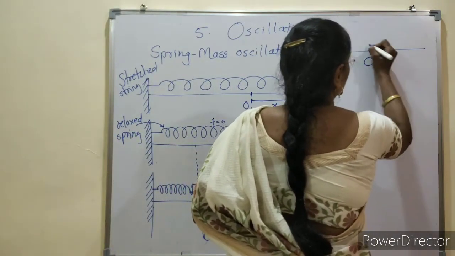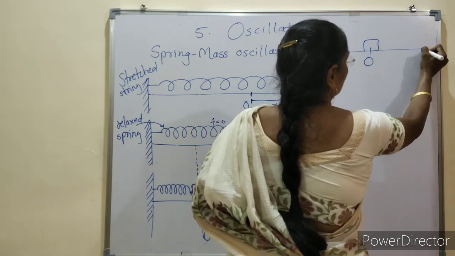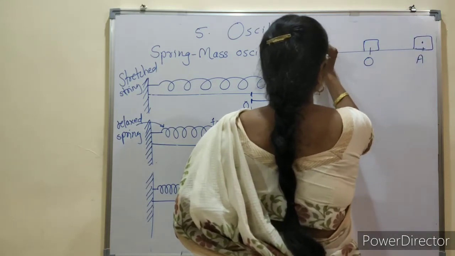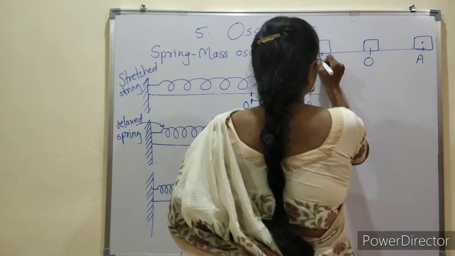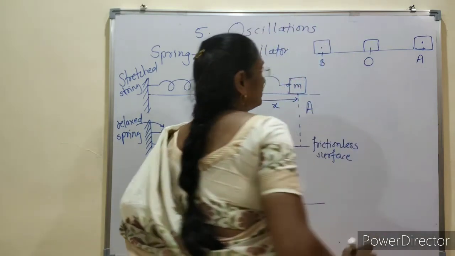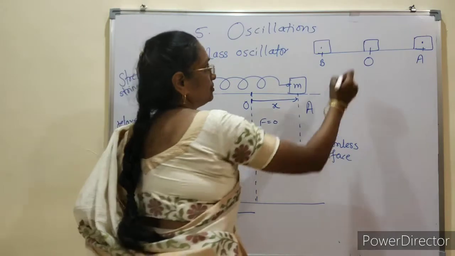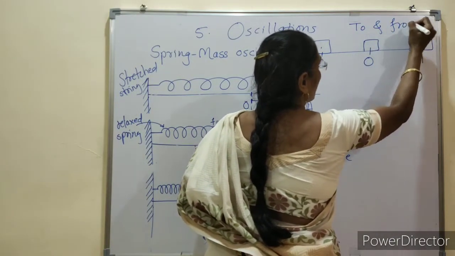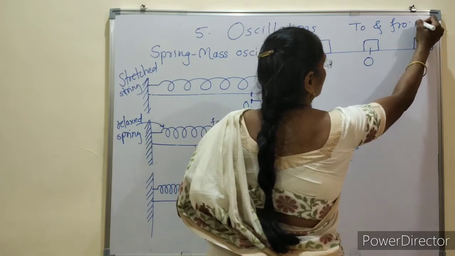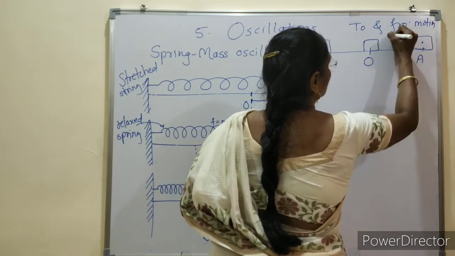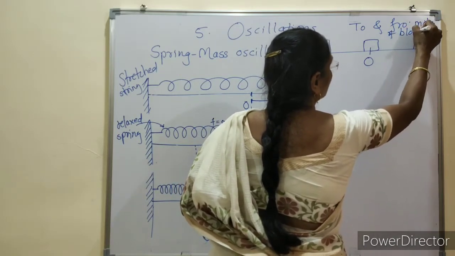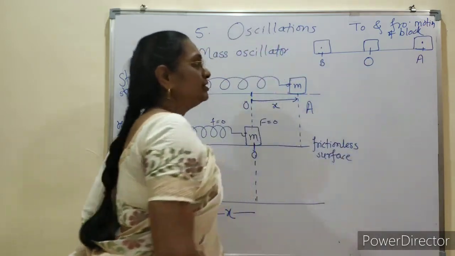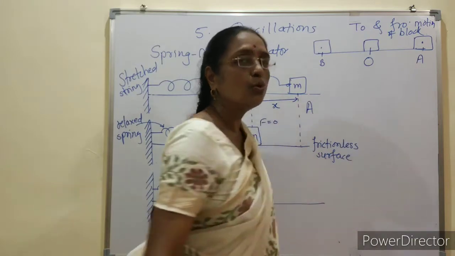Original position A, when it is at the right extremity, at B can be shown like this. So this is the to and fro motion of the block along the line AB, and its mean position is O.